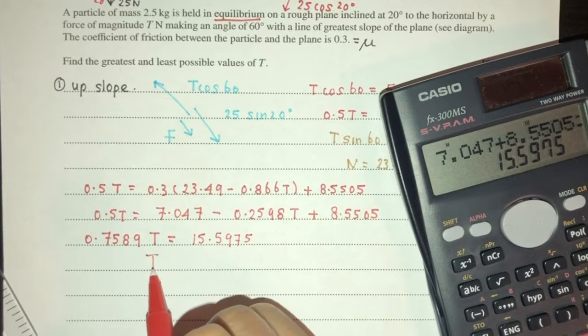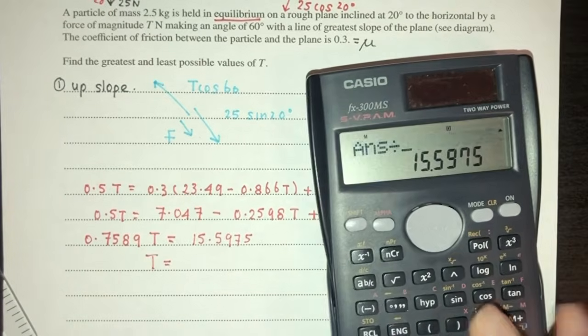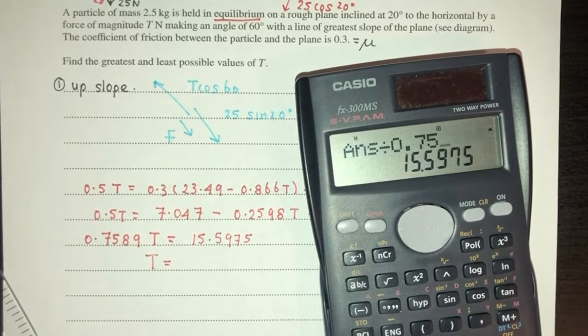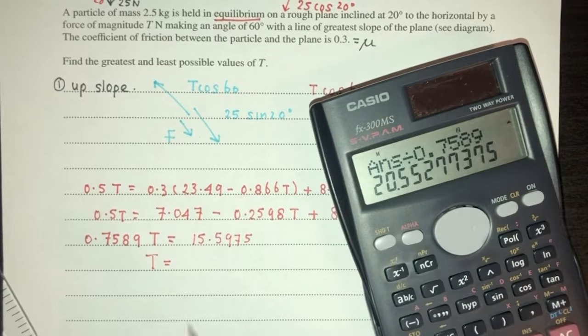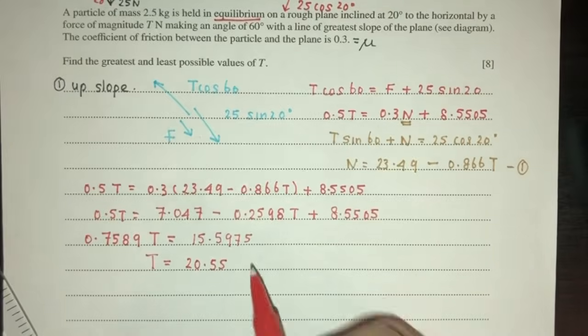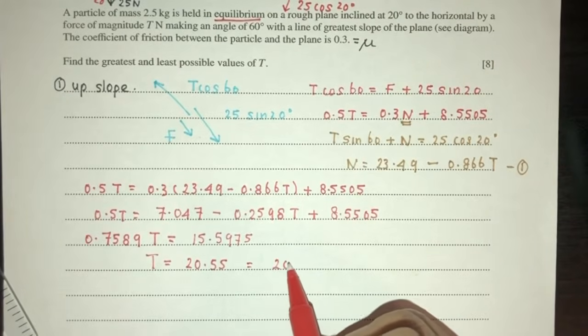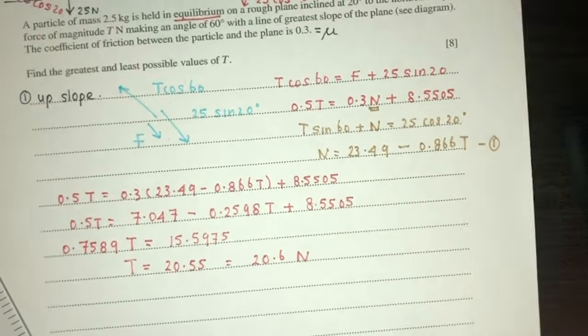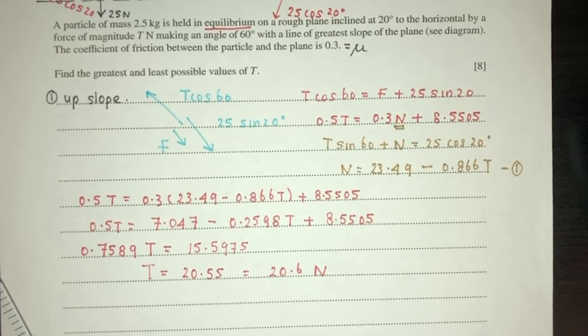So finally, the value of T will be this divided by 0.7598. That will be equal to 20.55, or you can write down correct to 3 SF, 20.6 Newton. So now we don't know if it's the maximum value or the lowest value, but that is one of them. That is when you go up the slope.